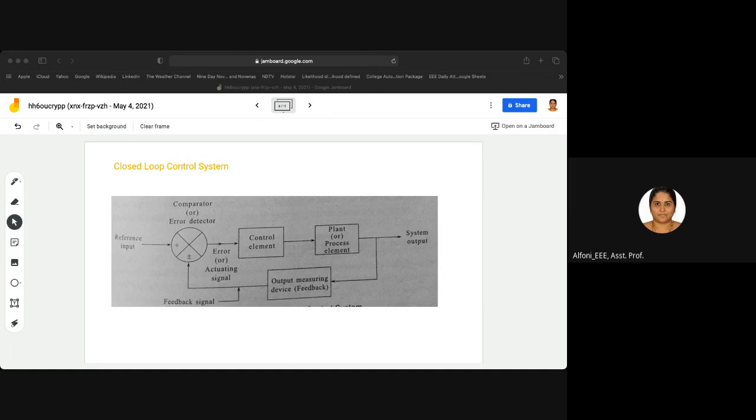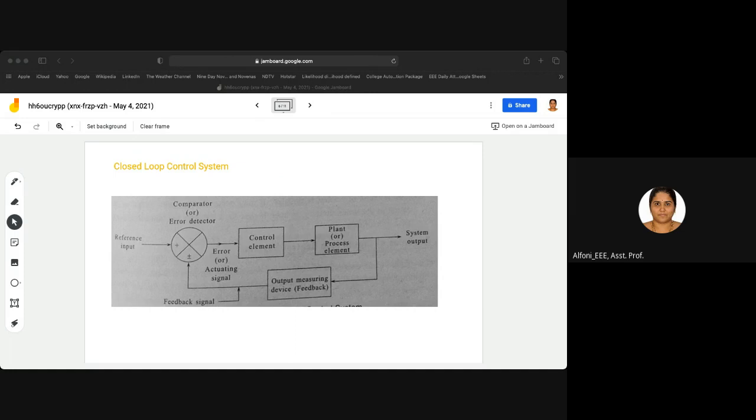The closed loop control system measures the actual system output, compares it with the input, and determines the error, which is used for controlling the system output to get a desired value.